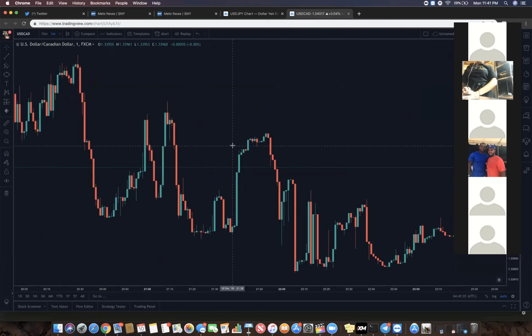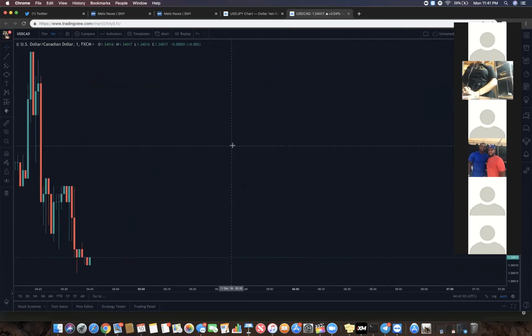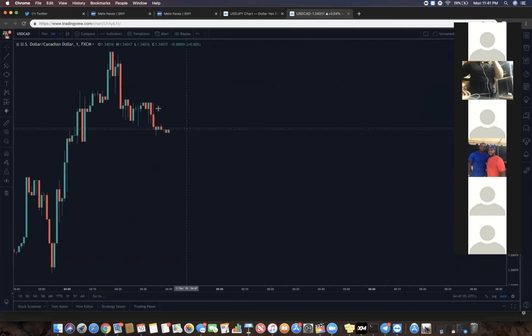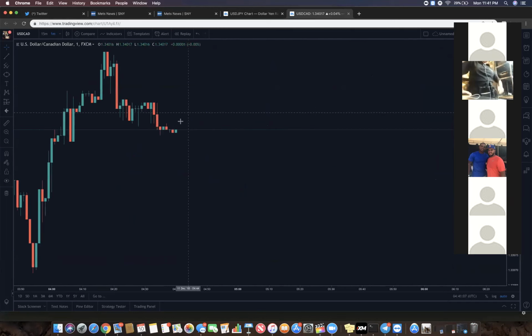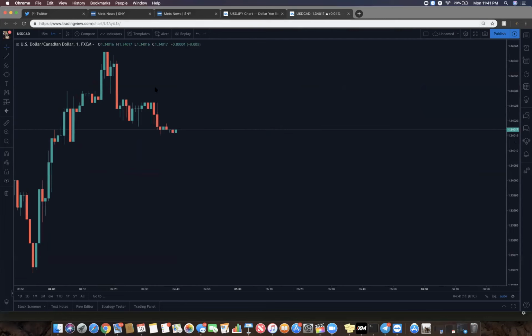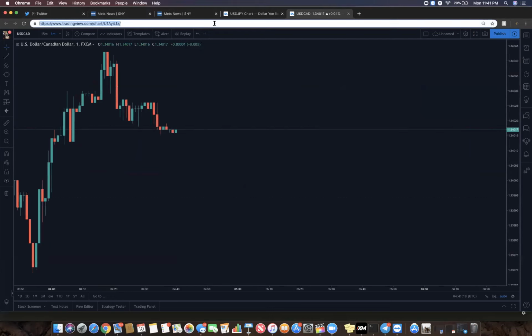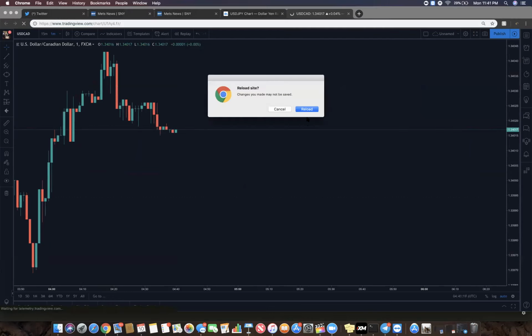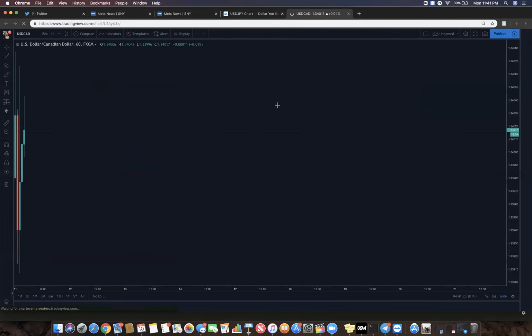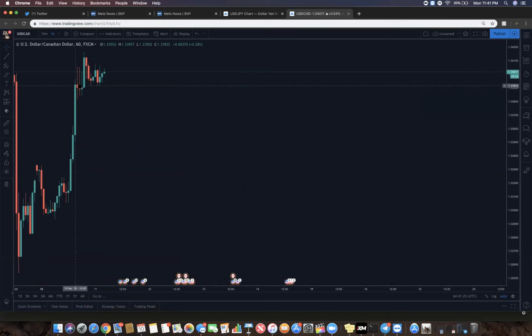Now, I'll show you on a 1 minute chart real quick how the candles open and close. Right now we have this 1 minute candle. Let me refresh my screen. Okay, so I have my screen here.